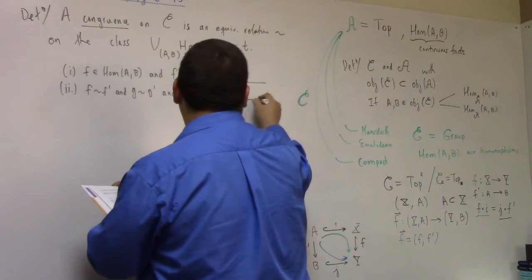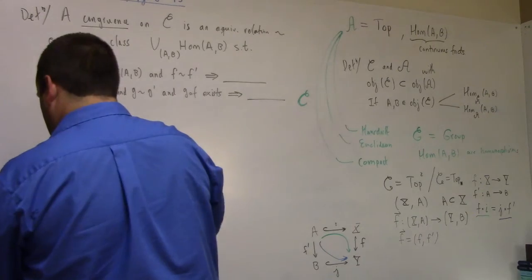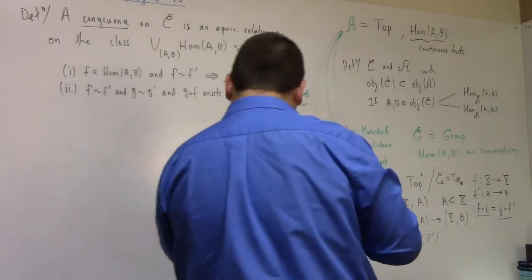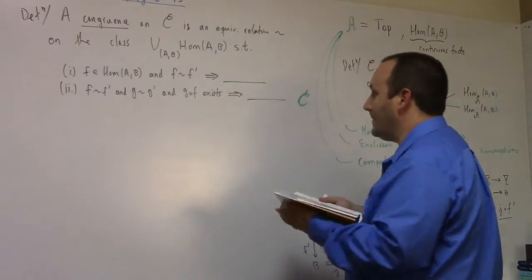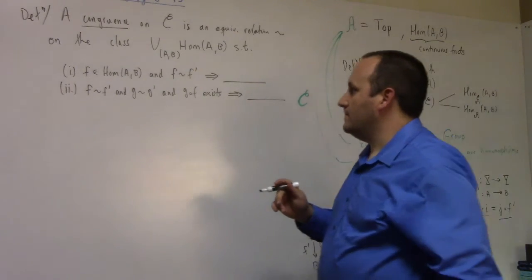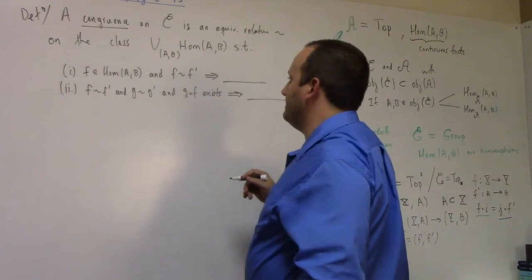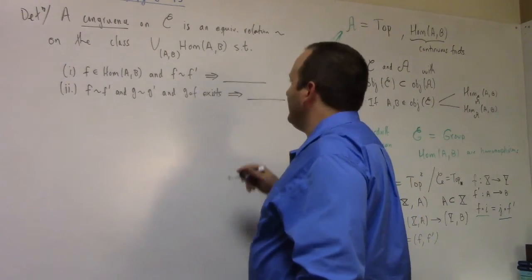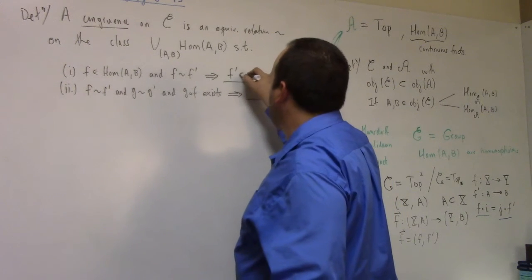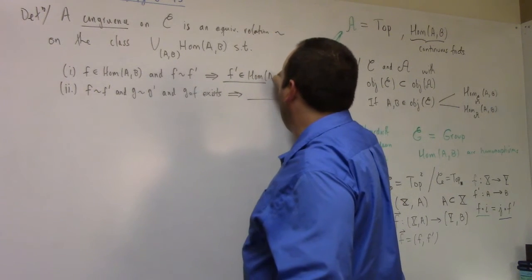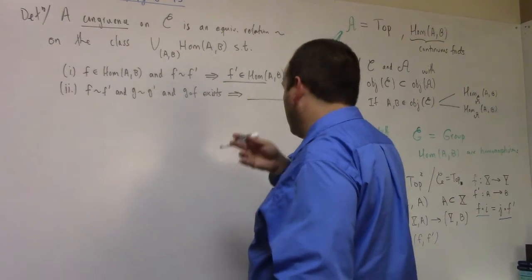Fill in the blanks here for me. First one is f prime is equivalent to f. Or is that kind of silly? It's just that f prime is also a morphism.